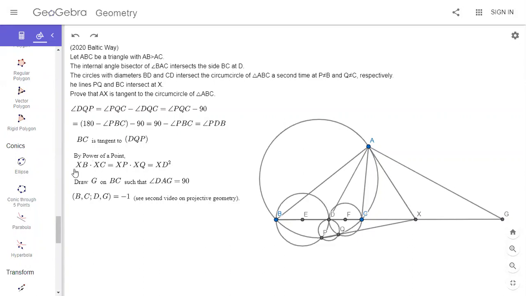So yeah, I think it's a well-known fact. I feel like I've seen this before, that if XB times XC is XD squared, then X is the midpoint of DG, where G is the point that makes a harmonic conjugation. But there must be a geometric way to see that, or I would think at least.